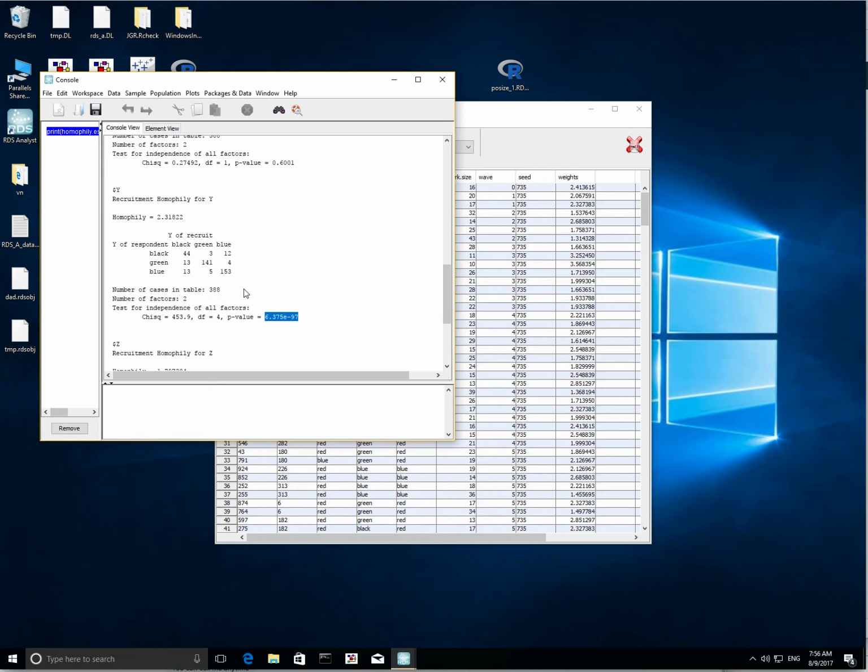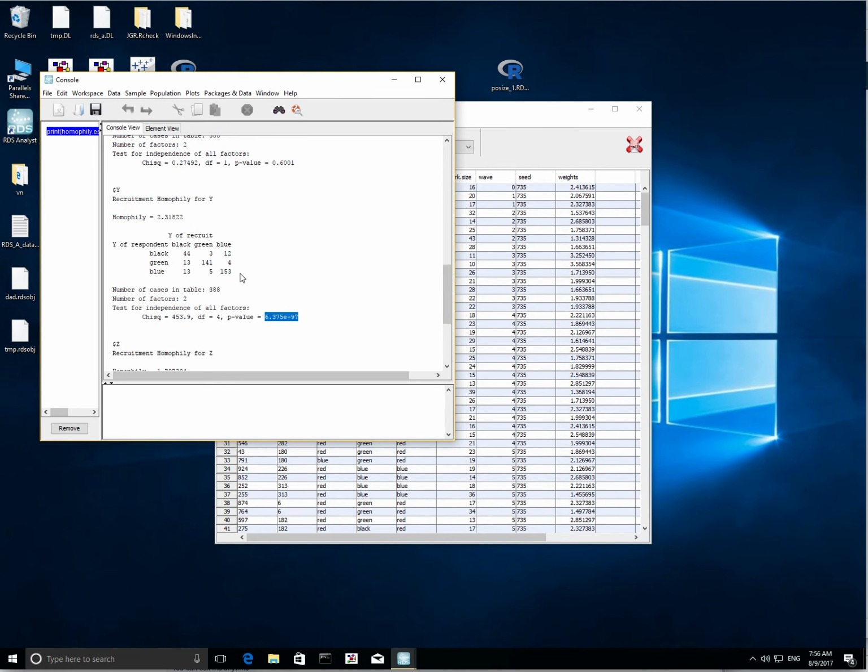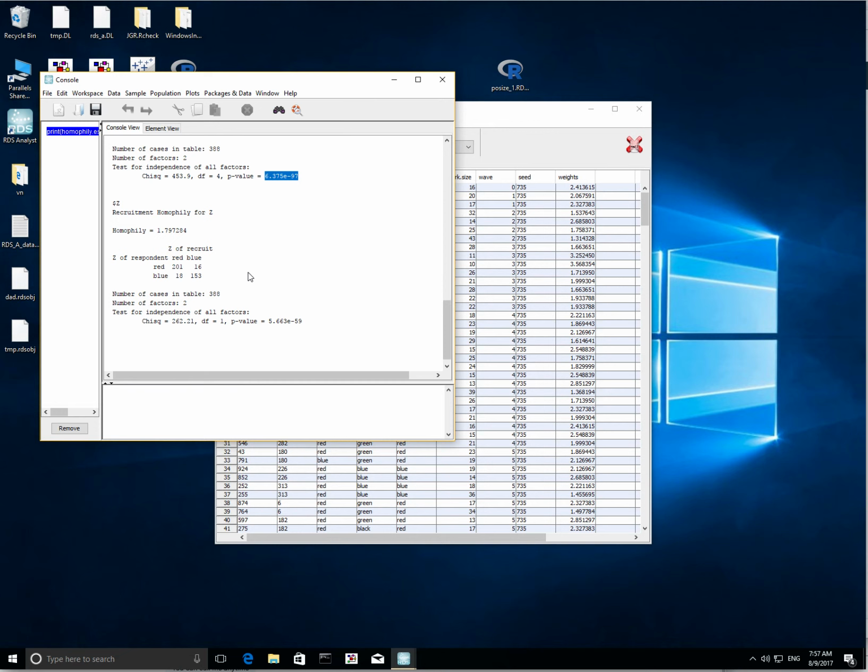If there's a very high homophily, it can be very difficult for population frequency estimates to get a good, accurate number on the various levels of black, blue, green, and blue in your data set. And here we have another one with a relatively high homophily as well.